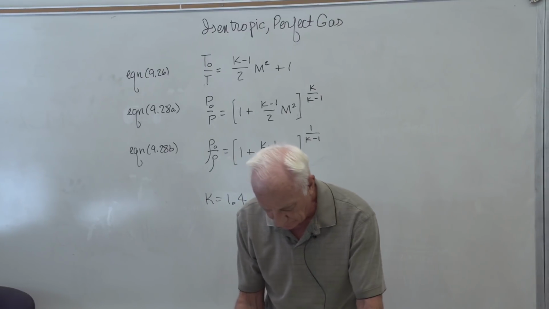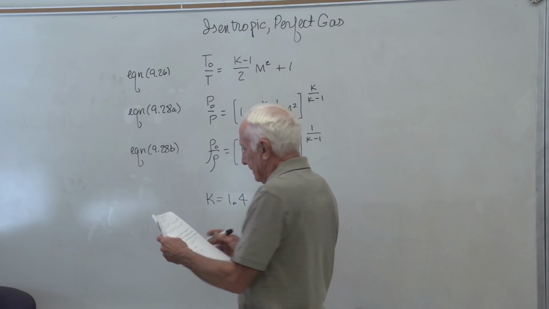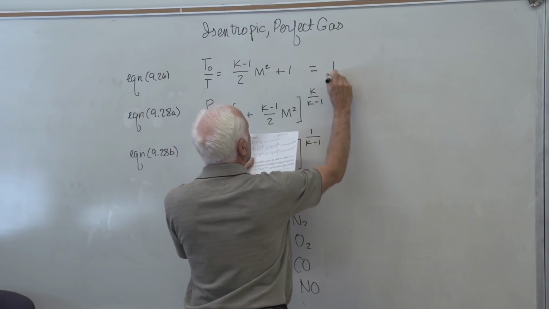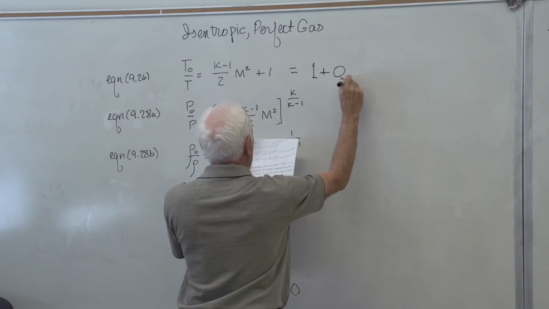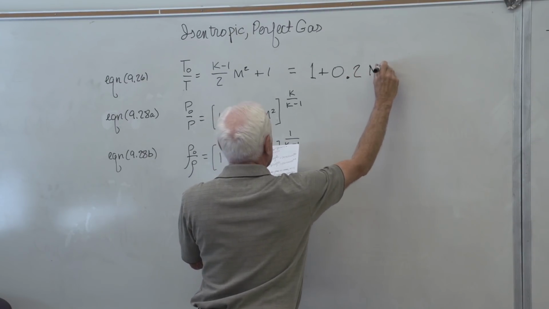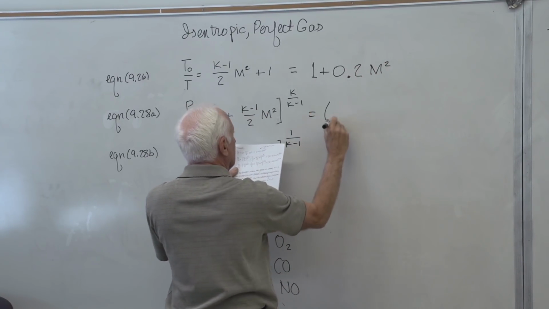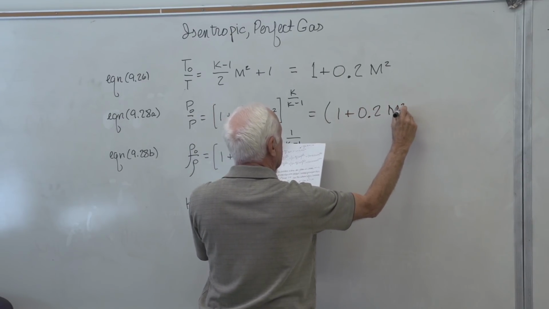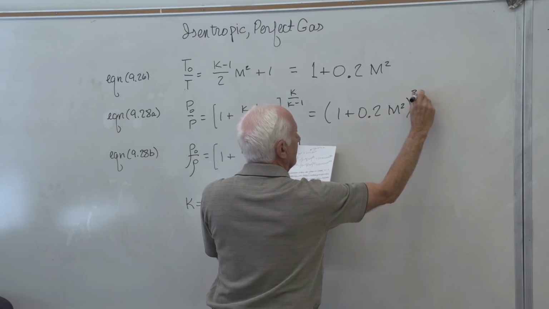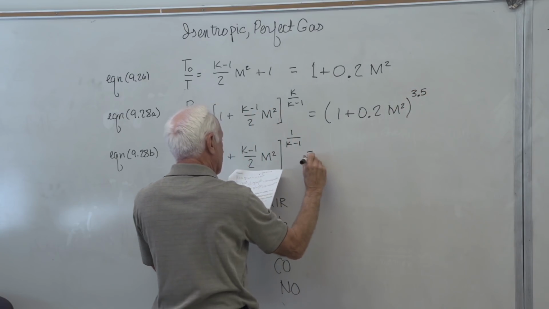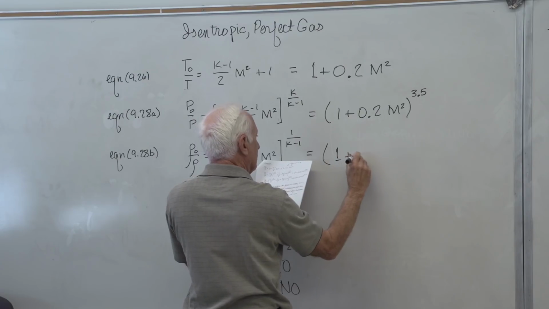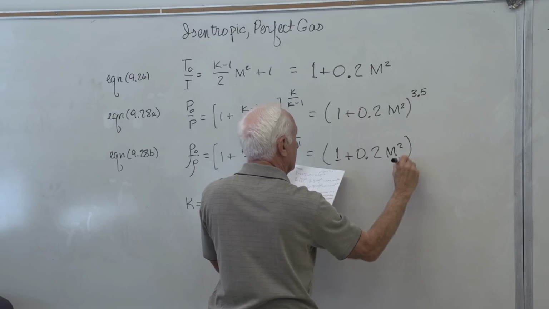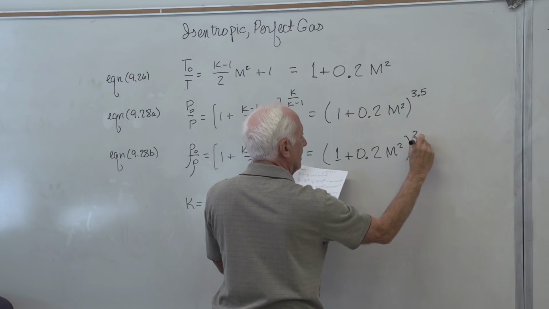for T naught over T in terms of just the Mach number: 1 plus 0.2 Mach number squared; 1 plus 0.2 Mach number squared to the 3.5 power; 1 plus 0.2 Mach number squared to the 2.5 power.